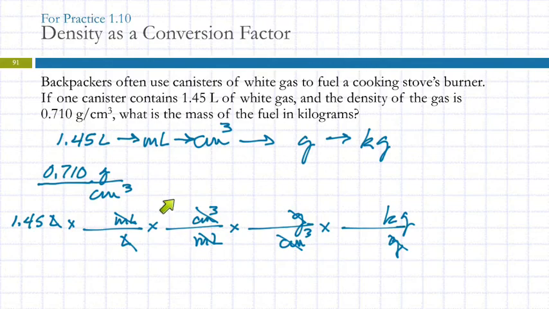This one's easy, or should be, once you remember it. A cubic centimeter and a milliliter are exactly the same thing. So the numbers for that one are 1 and 1. And then we might look at this one and say, well, I know what milli means. Milli means 10 to the minus 3, right?